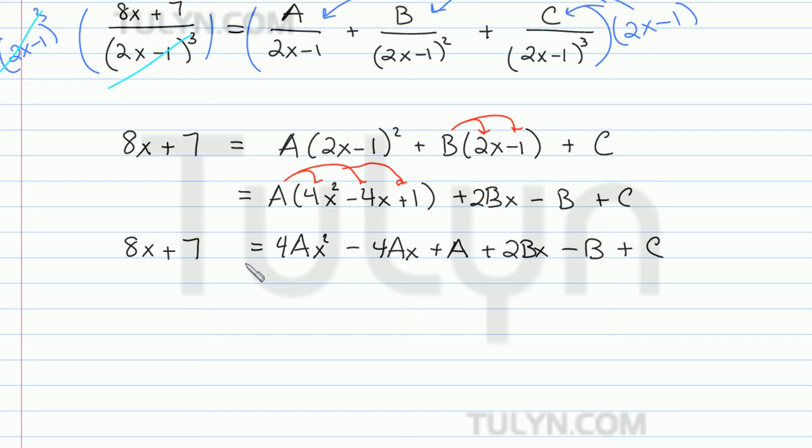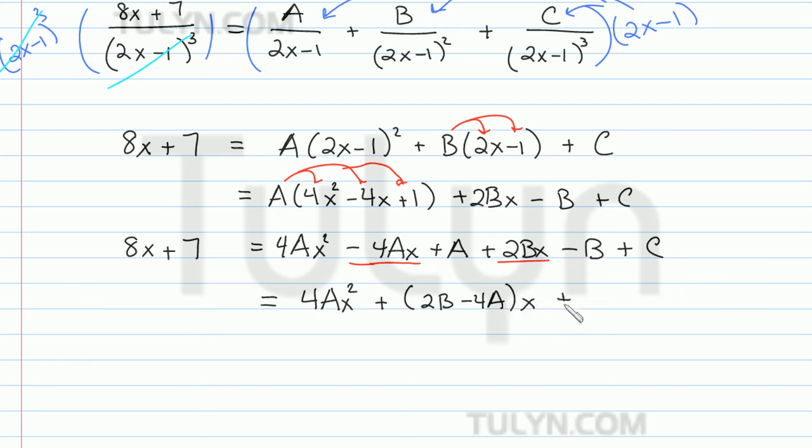So let's group all of the x^2 terms together, all of the x terms together, and all the constant terms together. There's only one x^2 term, so that's 4Ax^2. For the x's, we have -4Ax and 2Bx. Grouping them together and factoring out an x, we get (2B - 4A) times x.